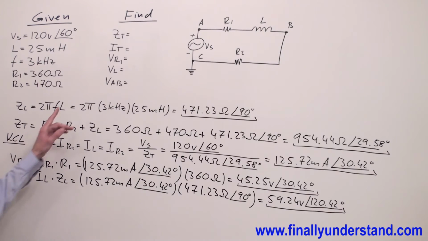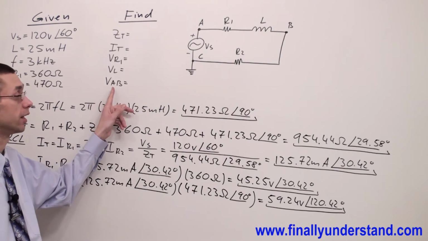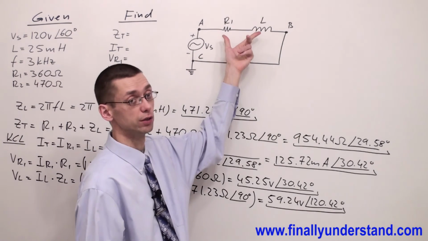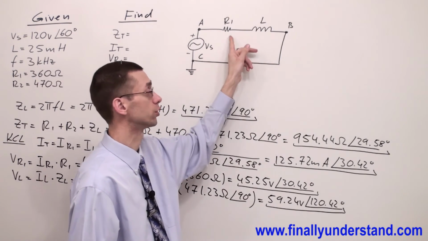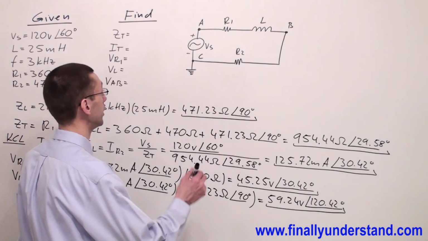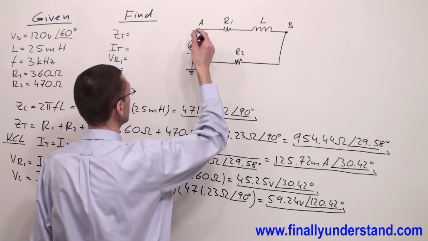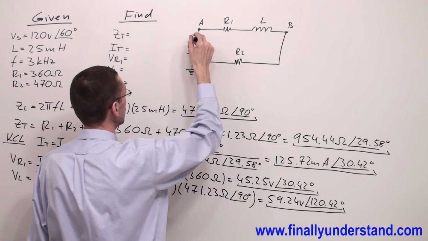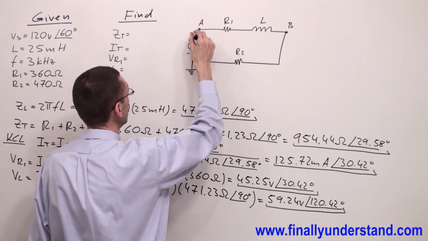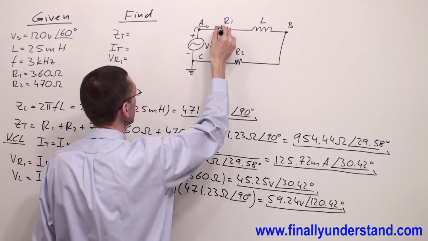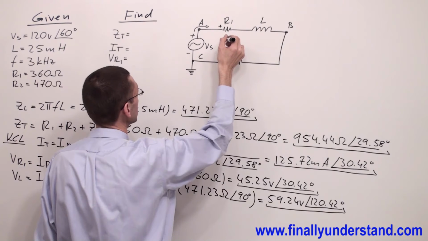Next, we're supposed to find voltage VAB. Voltage VAB is the voltage across these two components. So if you add these two voltages together, you are going to find voltage VAB. Also, this is very important, in which direction the current will flow. I understand this is AC, but we're supposed to assume that this is, for example, the positive terminal. So when current enters the component, you're supposed to always write a positive sign.